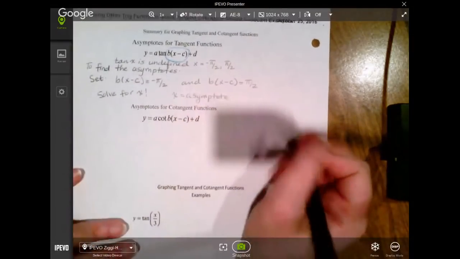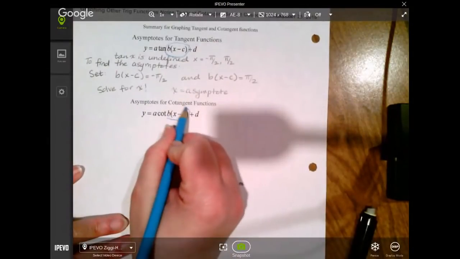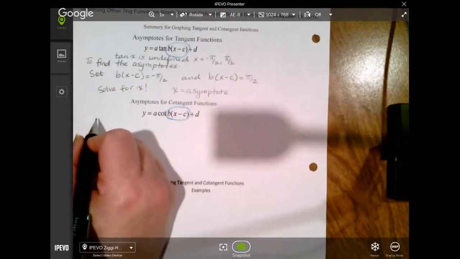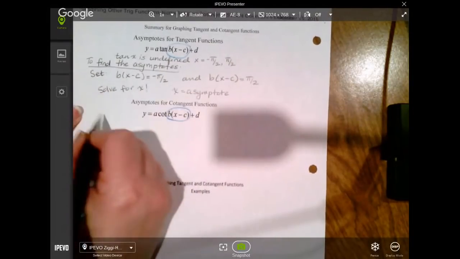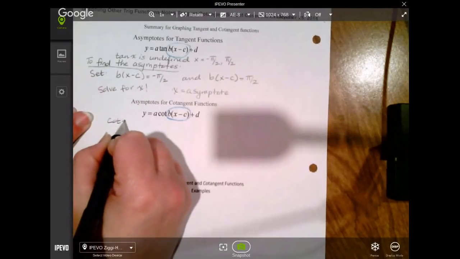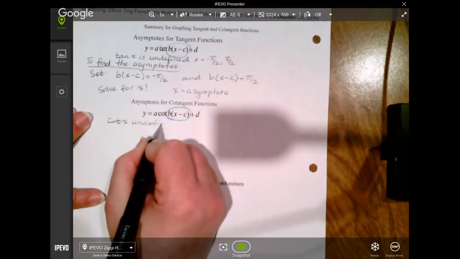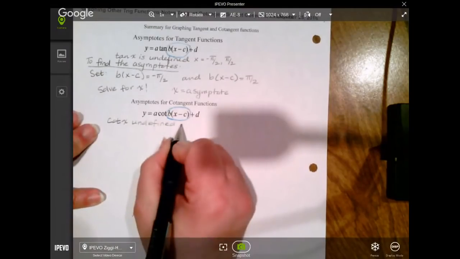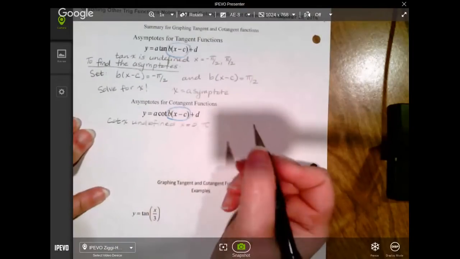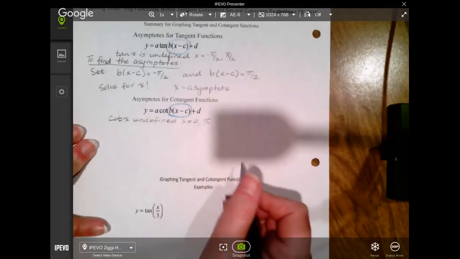And cotangent, like tangent, has an angle argument, and I like to find the asymptotes for it too. So let's find the asymptotes for cotangent by just figuring out where the cotangent of x is undefined. Well, you guys found out that the cotangent is undefined when x equals 0 and pi. Now those are just two of them, but when graphing we only need, as I mentioned, two asymptotes to get started.